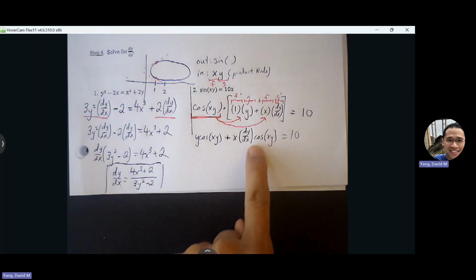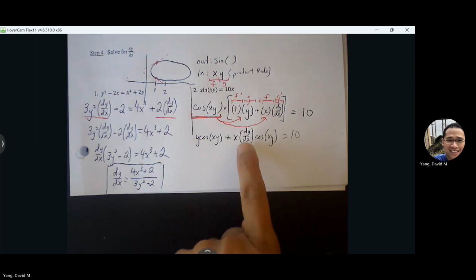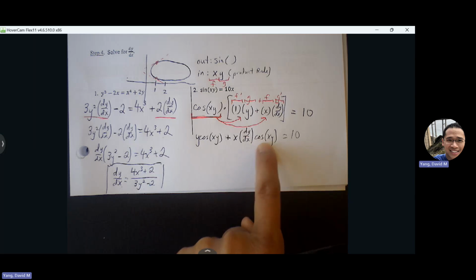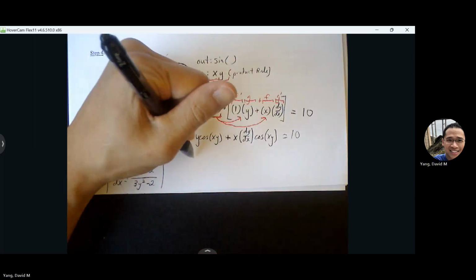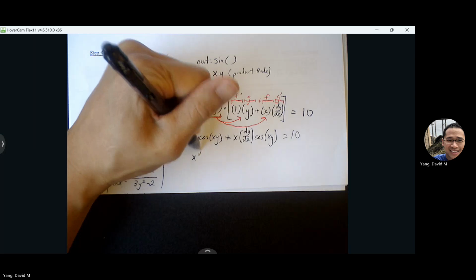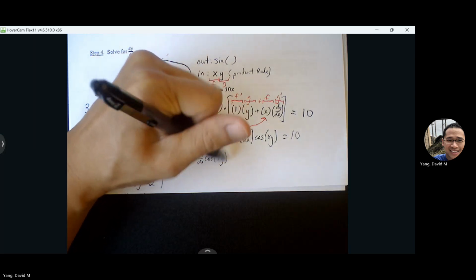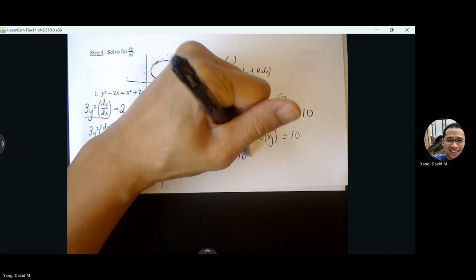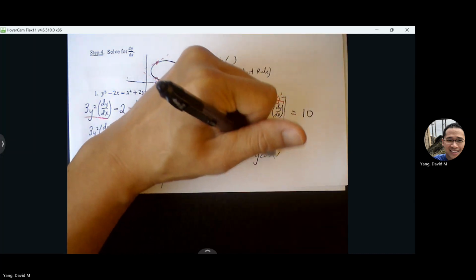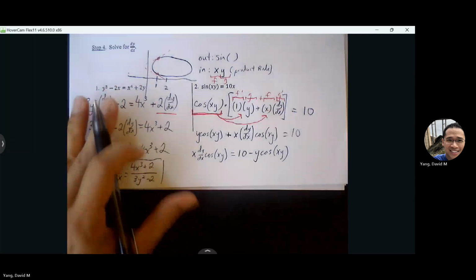That's just my preference. So now this is more separated. This is like its own thing. So now I can just subtract this over. I just want to, piece by piece, eventually isolate that dy dx. Right?